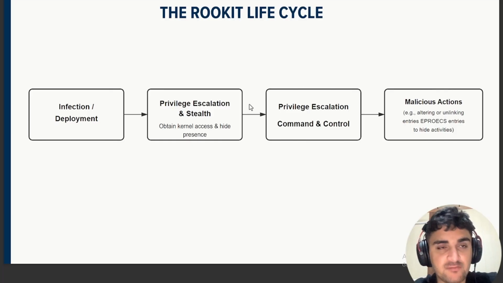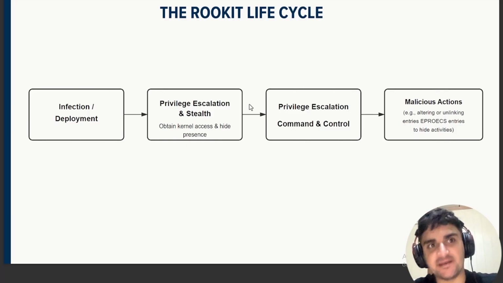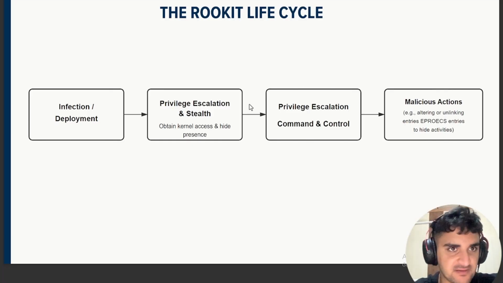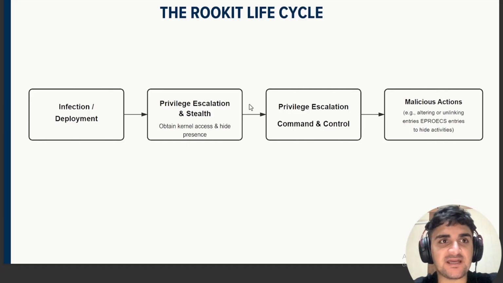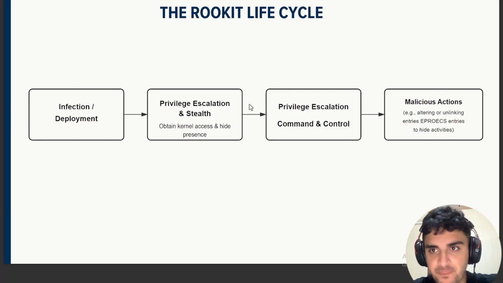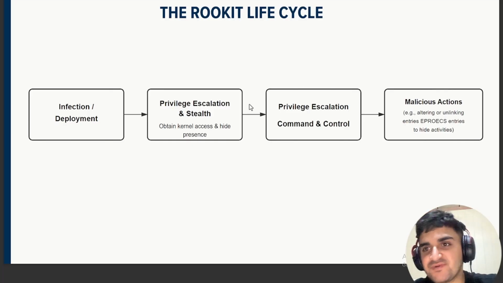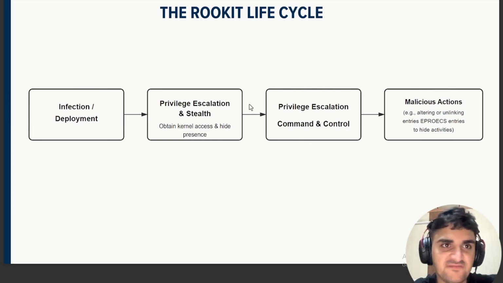So the malware needs to communicate with the C2 channel to steal data and to send commands to the infected machine. The command and control is, in simple terms, a sender and receiver channel between the attacker and the infected machine. And the final stage is malicious actions like altering or unlinking the EPROCESS entry to hide their activity.